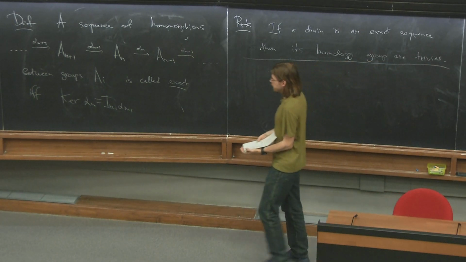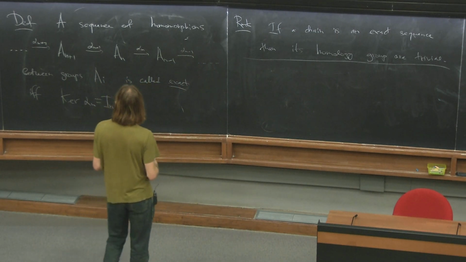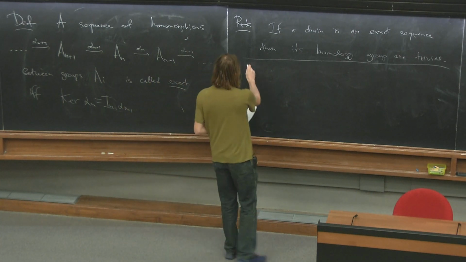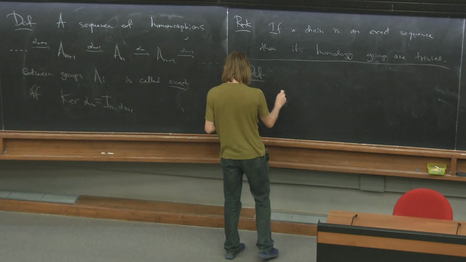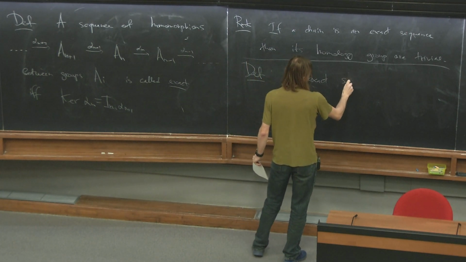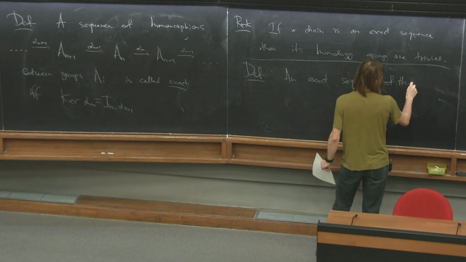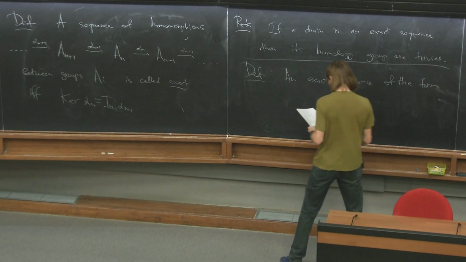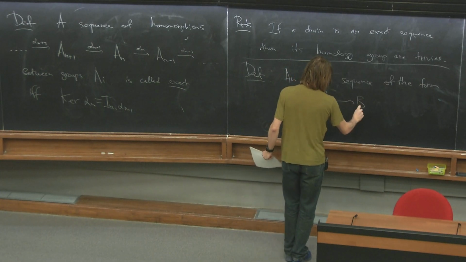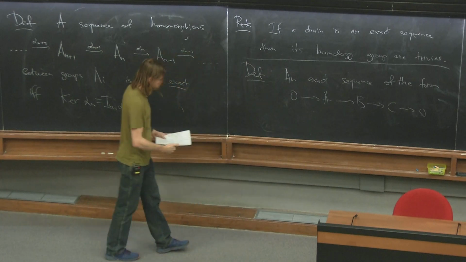One often encounters a particular class of these exact sequences, which are called short exact sequences. An exact sequence of the form 0, A, B, C, 0, where 0 means the trivial group, is called a short exact sequence, where there are only three non-trivial groups.